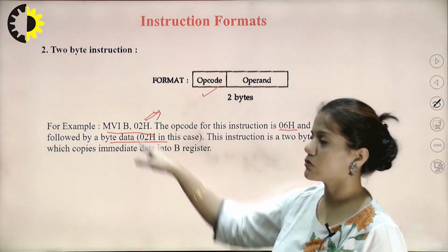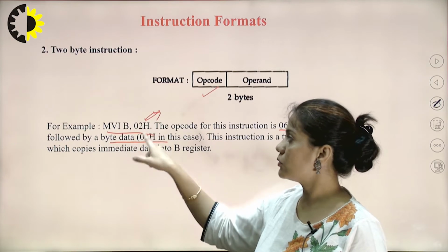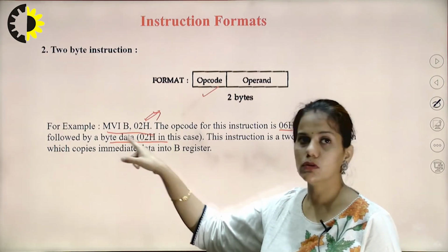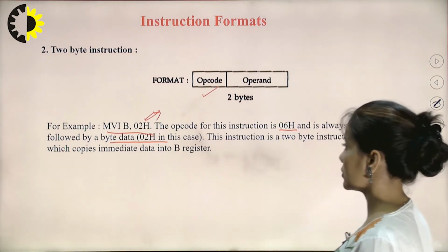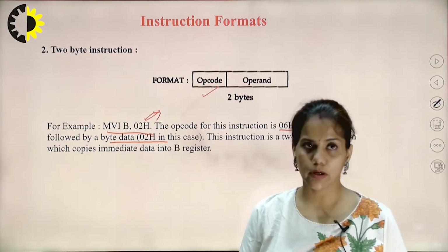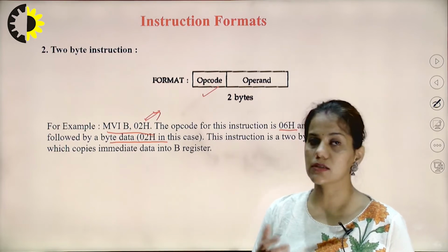What will this instruction do? This is the immediate addressing mode, and 02 is the immediate content. So this 02 will move to register B. So it is a 2 byte instruction: the first byte is the opcode and the second byte is always the operand, that is the immediate data specified in the instruction.